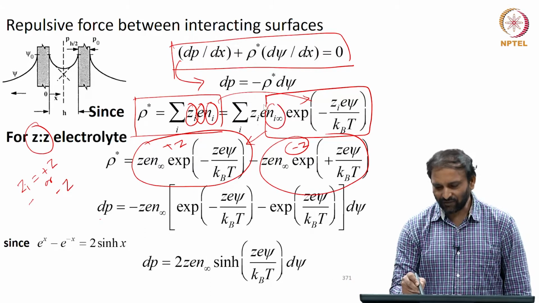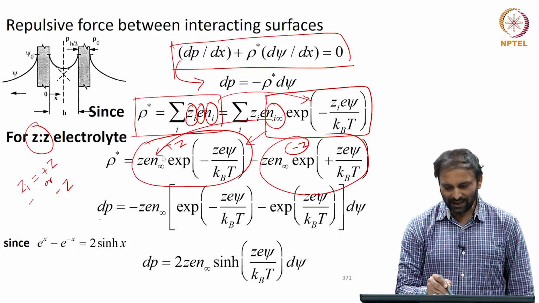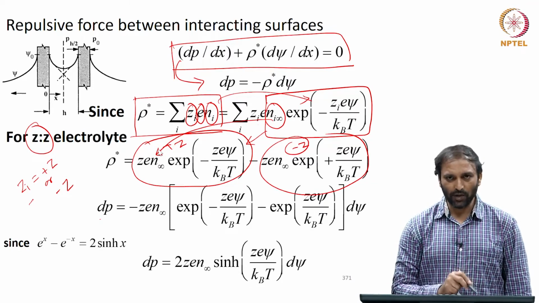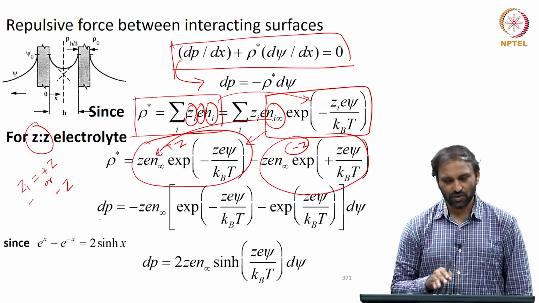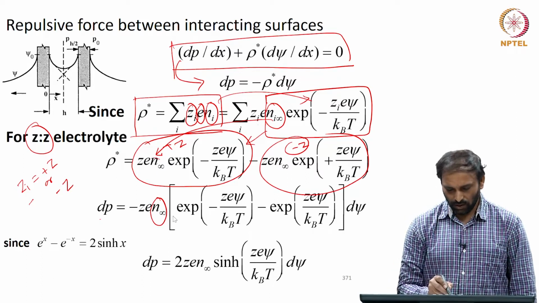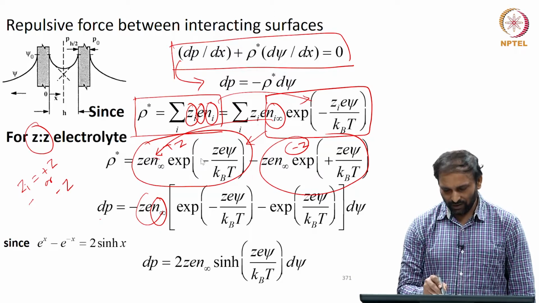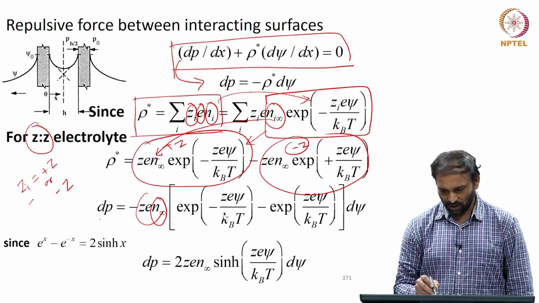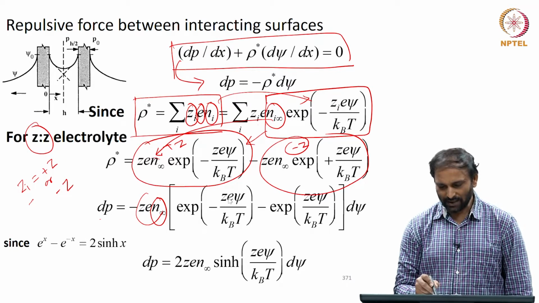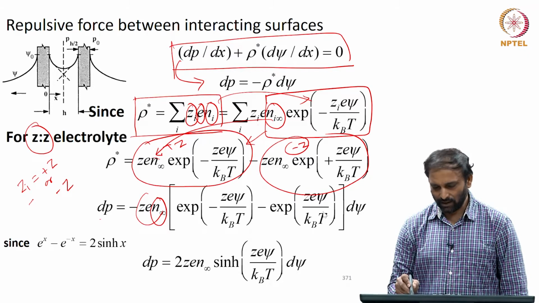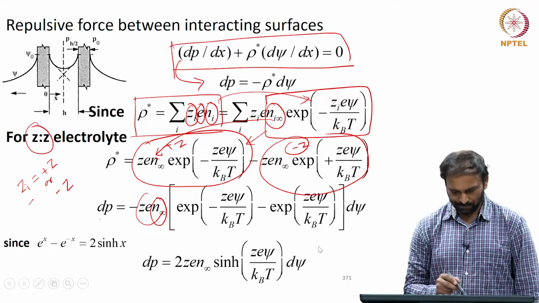Note that I am replacing n i infinity with n infinity itself, because the concentration of both the cations and the anions is exactly the same, so I can take this out as a common factor. Okay, that is what you end up with.